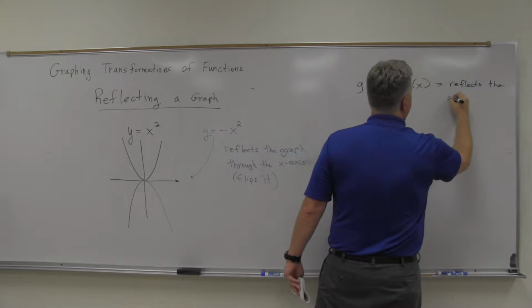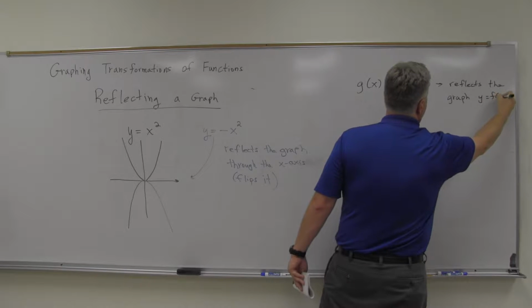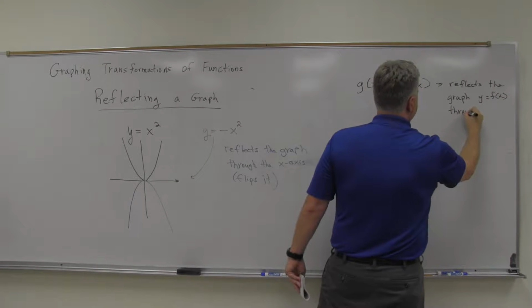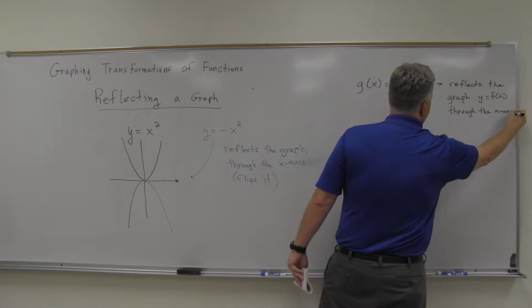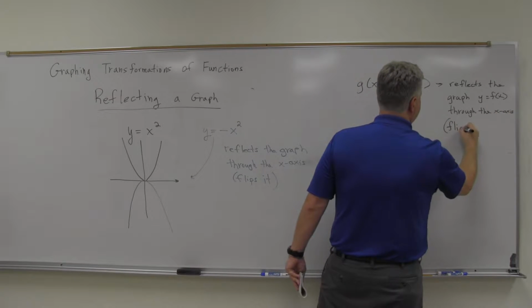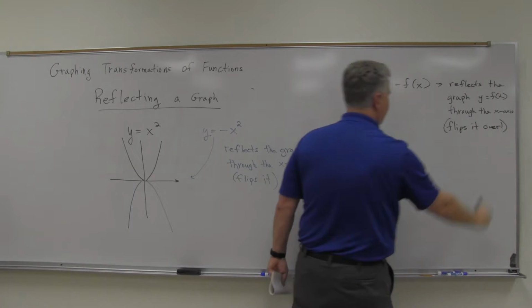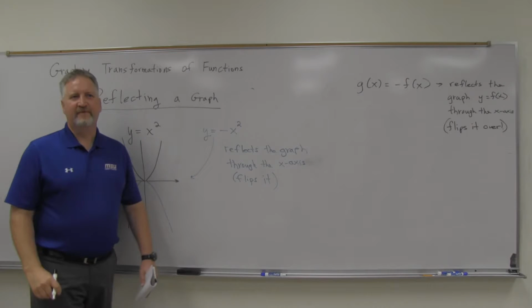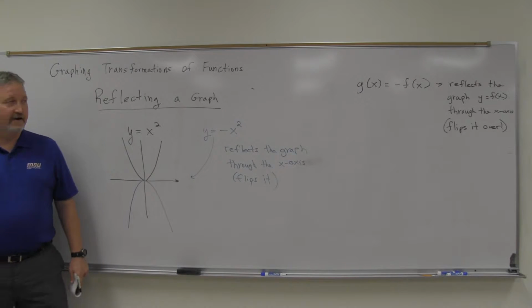So that reflects the graph of y equals f of x through the x-axis. Flips it over. Okay, flips it over. All right, now that's what it looks like for x squared.